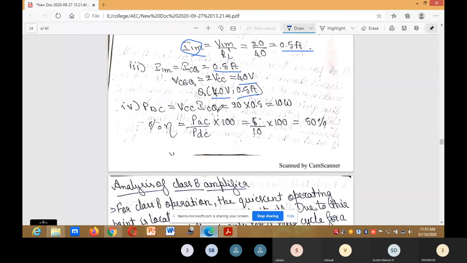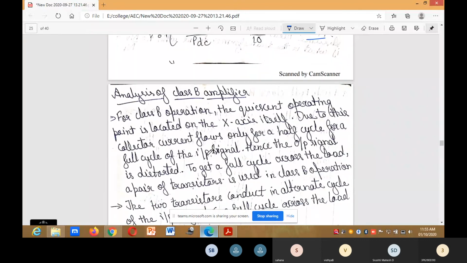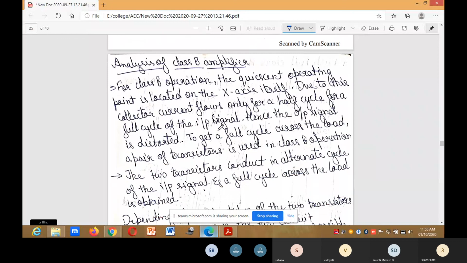PDC is equal to VCC into ICQ is equal to 20 into 0.5, you will get 10 watt. What about efficiency? PAC divided by PDC into 100 is equal to 5 divided by 10 into 100 is equal to 50%.